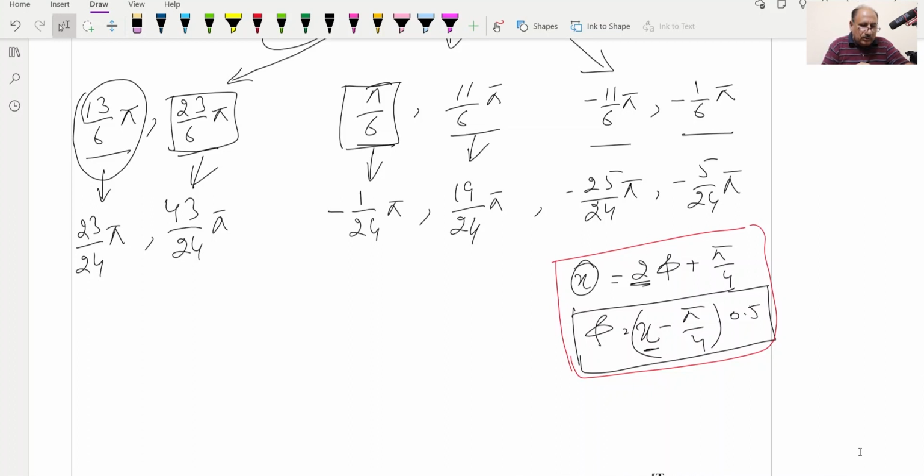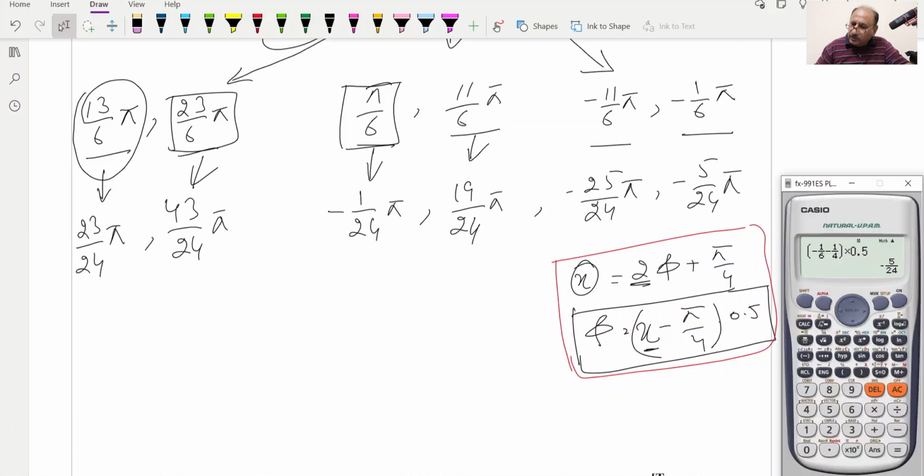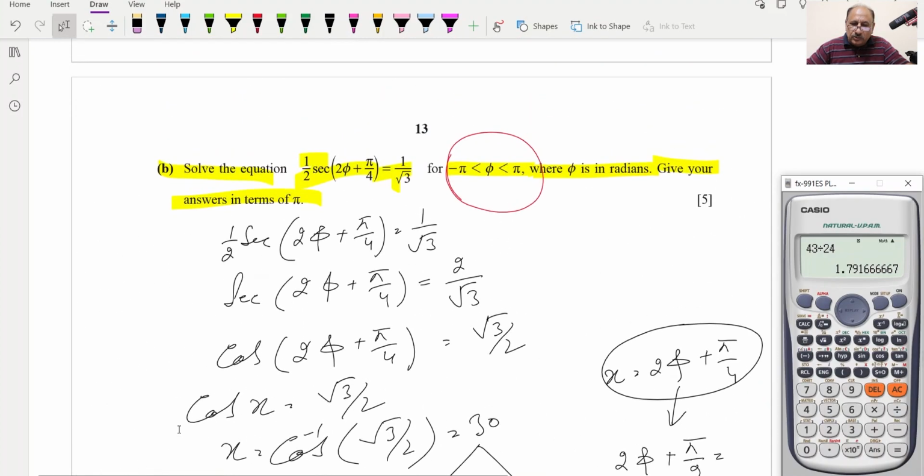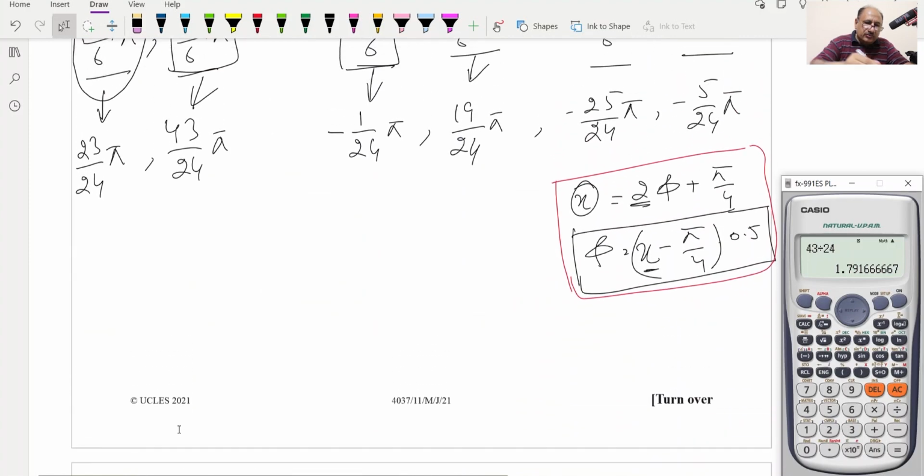If we check this one, 43 over 24, 43 divided by 24 is basically 1.79 pi. 1.79 pi is more than 1 pi, so we will be rejecting this value.